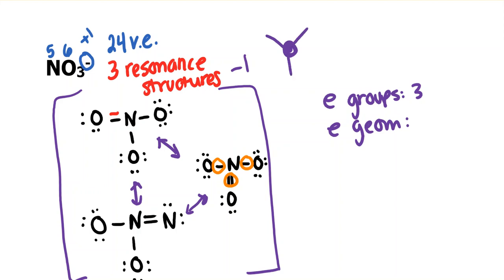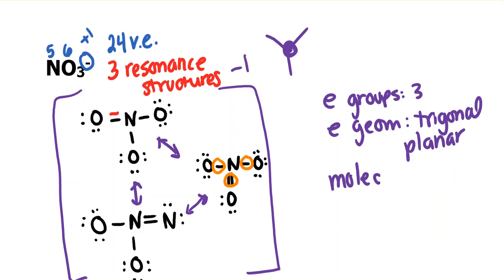So the furthest that those groups can get away from each other, since they repel, is to be at the corners of a triangle. So the electron geometry is called trigonal, but it's flat, so this is planar. And the molecular geometry, well, we have an atom in all 3 places, so these are the same.